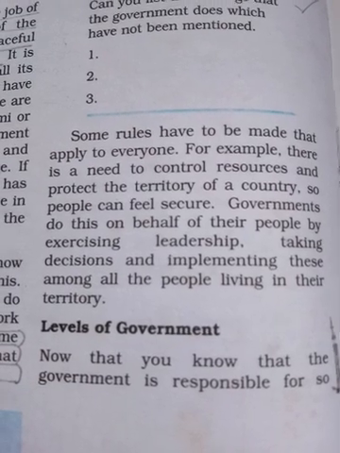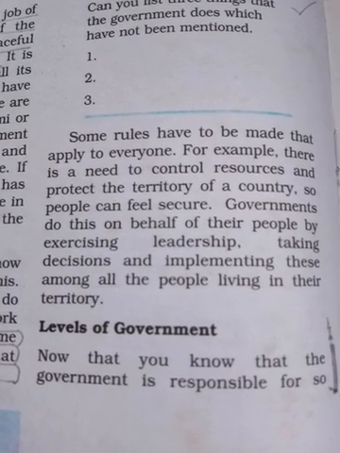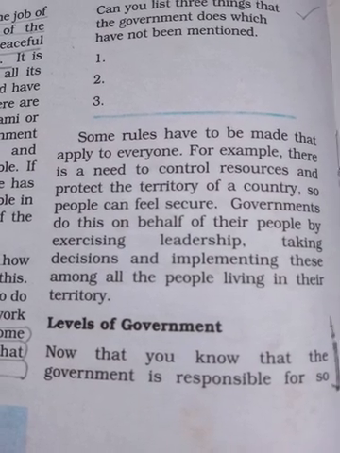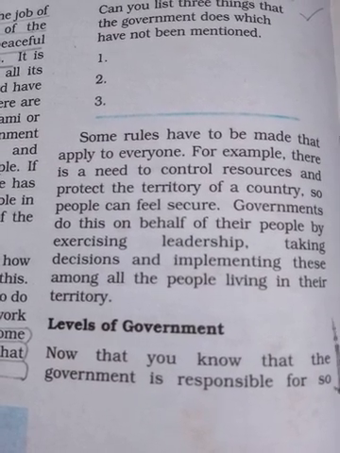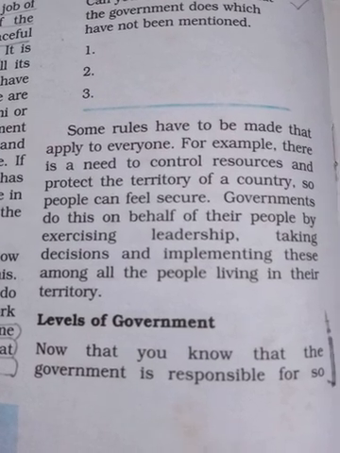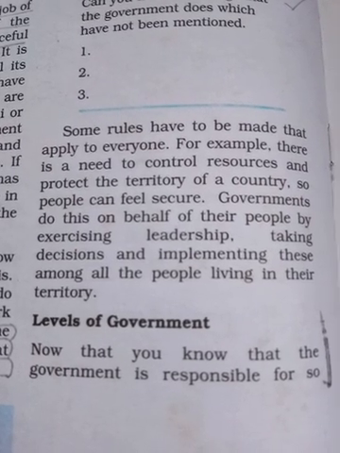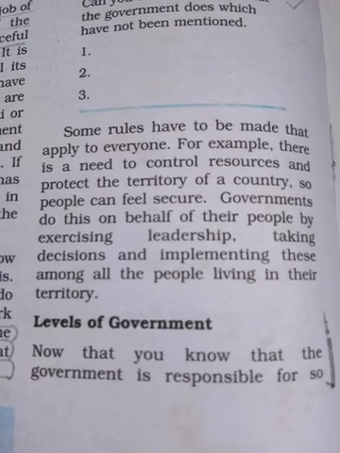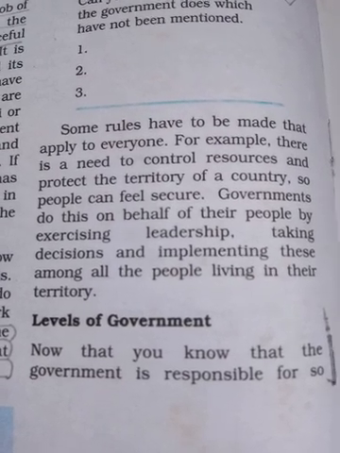For example, if there is a need to control resources and protect the territory of a country, people can feel secure. The government does this on behalf of their people by exercising leadership, taking decisions, and implementing them among the people living in their territories.